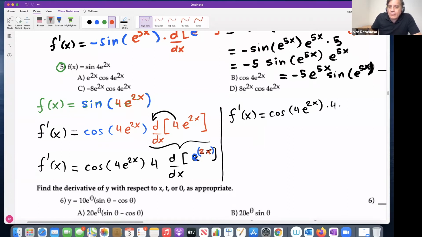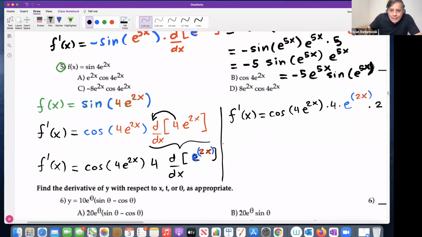Then the derivative will be the derivative of the outside function itself, e raised to something. But here we should write as exponent the inside function. It's the derivative of the outside function evaluated at the inside function times the derivative of this function. But the derivative of 2x is just 2. Let's just write it straight, 2. That's it. Then just multiply 4 times 2, that is an 8, and that 8, write it up front.